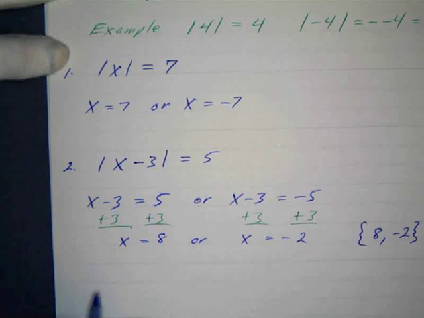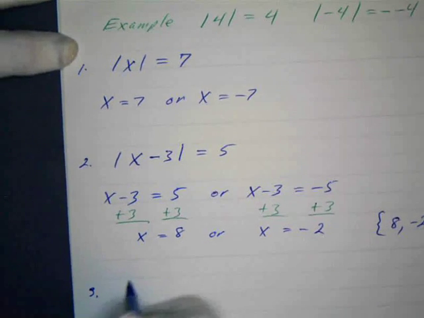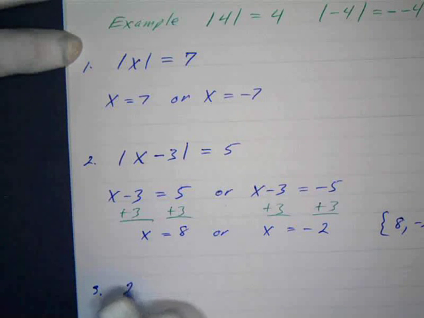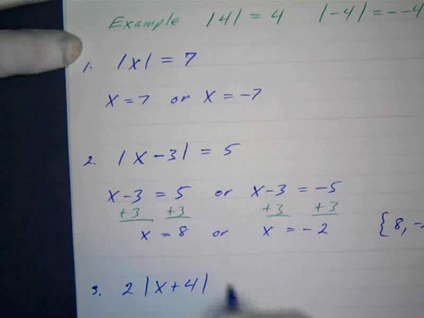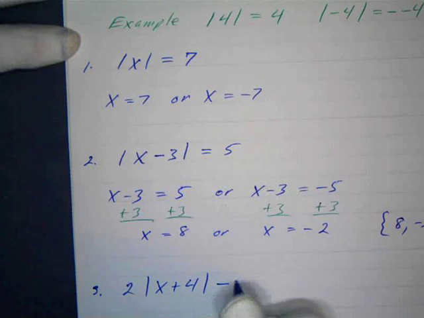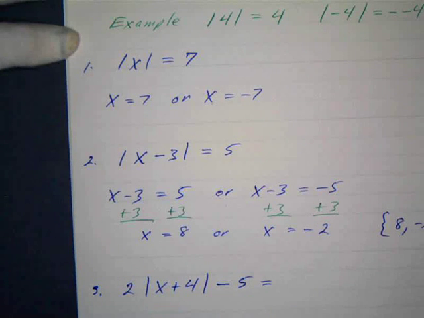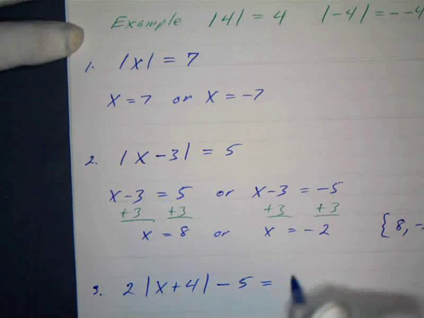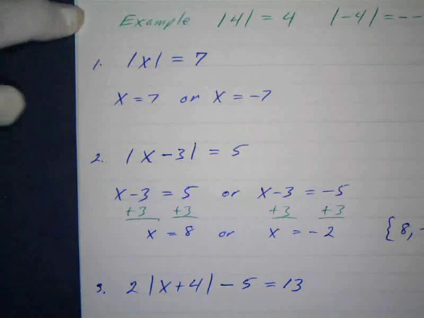So if you have a problem like this, here's a little bit more complicated problem. Okay, then what we want to do on this problem here is we want to isolate this and make sure we just have the absolute value.